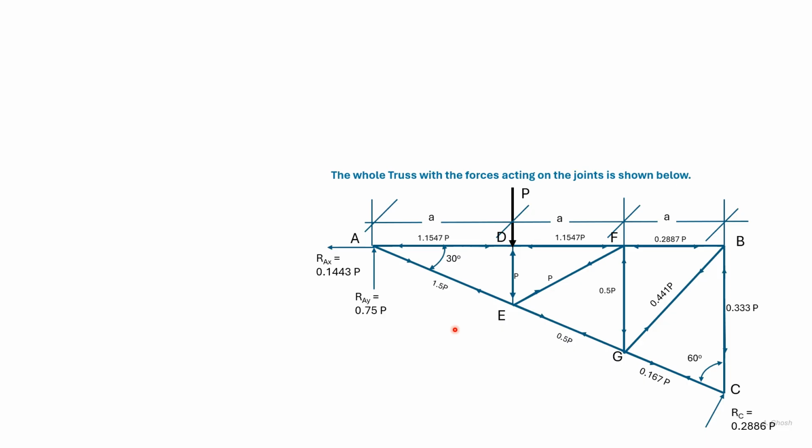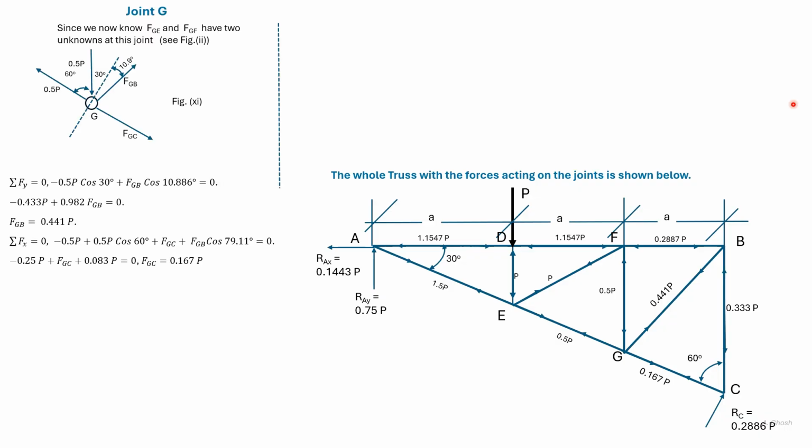Here a diagram of the whole truss is again given, so we can refer to it as we progress. Initially we found out the reaction forces, then we looked at joint A, D, E, and then F. Since we know the force in this member and in this member, we can solve joint G because there are now two unknowns. We consider the X and Y axis, so that solving of the forces becomes easier.